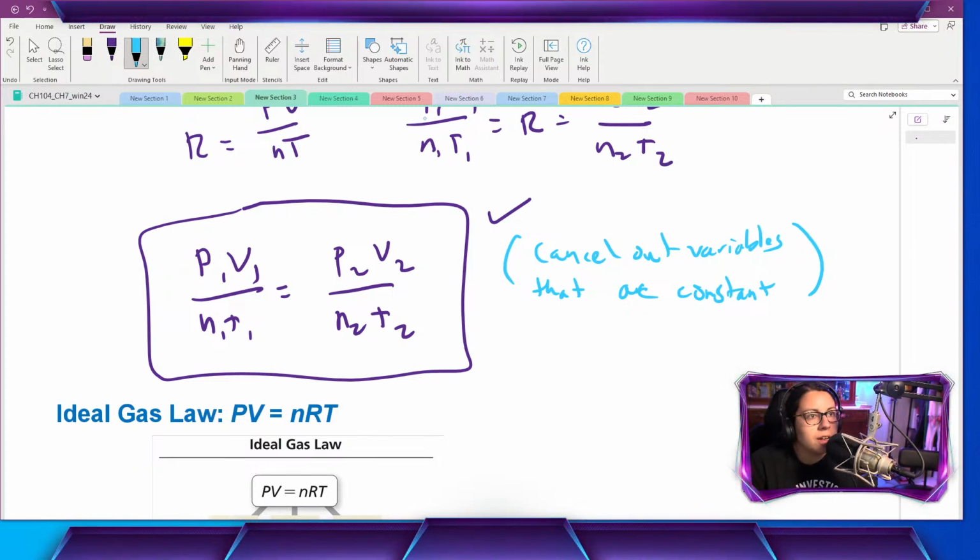And what's also nice is you can derive other variations of PV = nRT. Sometimes you'll see that.